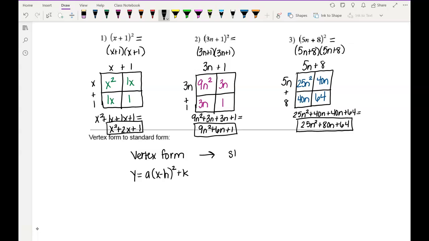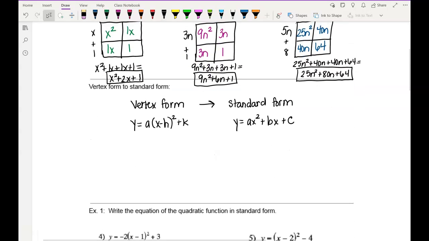And our standard form is y equals ax squared plus bx plus c. So really, to go from vertex form to standard form is to actually multiply out that quantity, that x minus h.